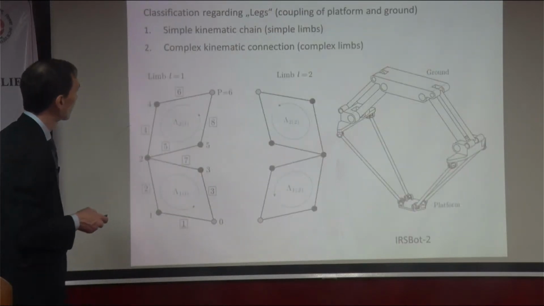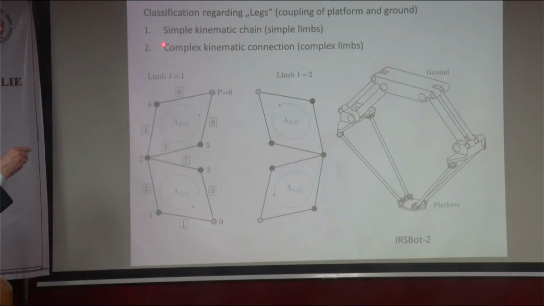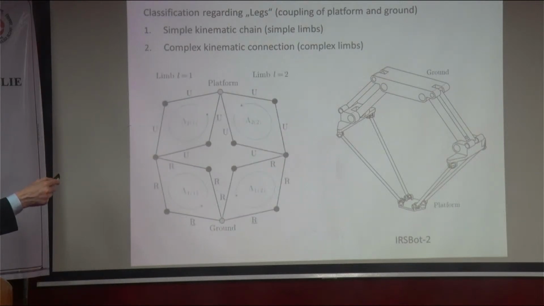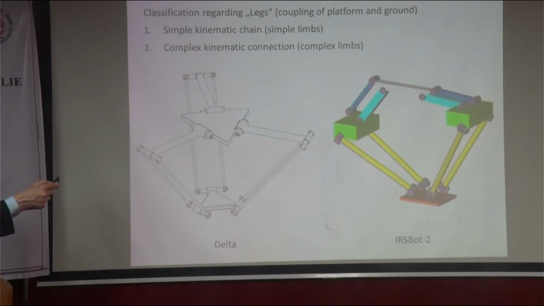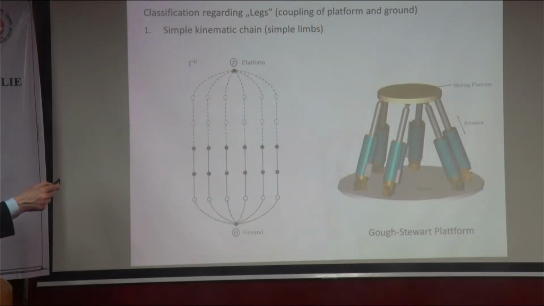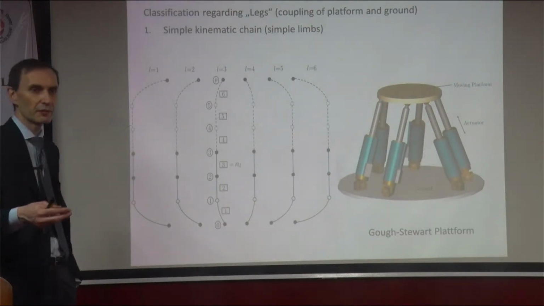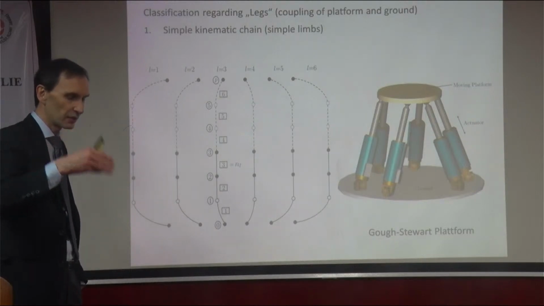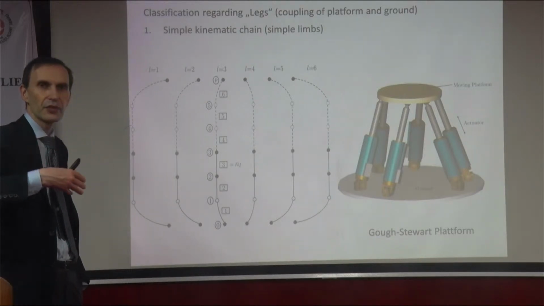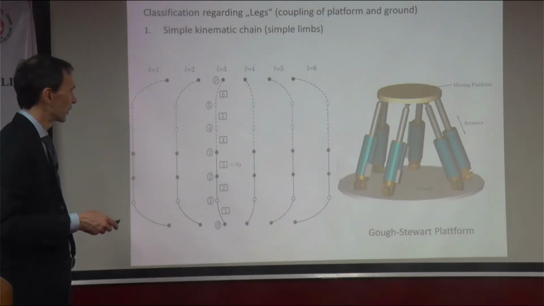Yes, and maybe the terminology, and this is why we call them complex kinematic limbs or complex kinematic connections. Because in contrast to this one, for example, it's not a simple kinematic chain. In mechanism theory, they call it a simple kinematic chain if you just have link, joint, like a serial chain, right? And that's nice.